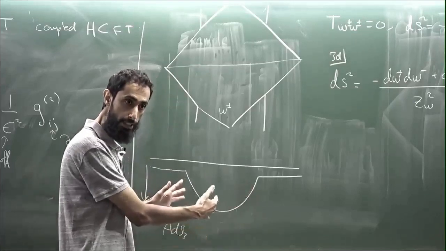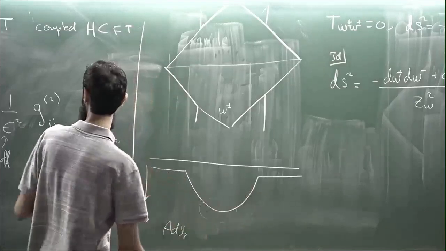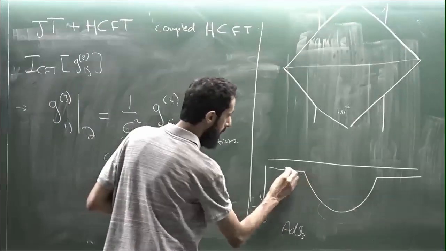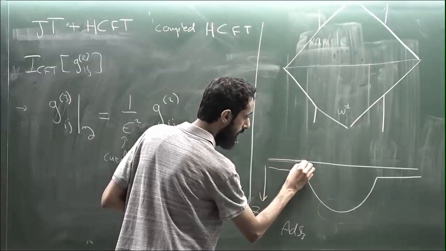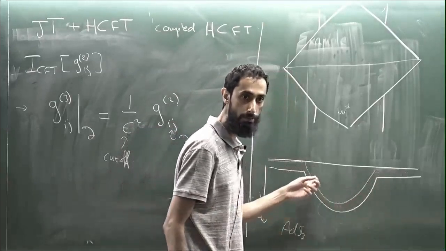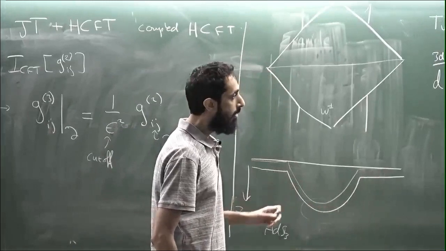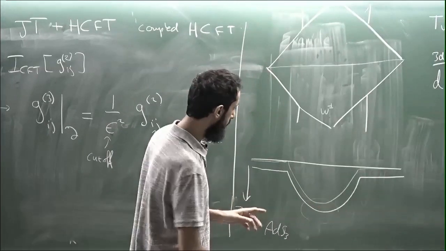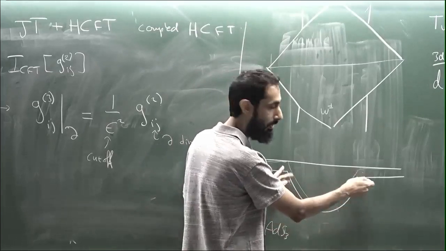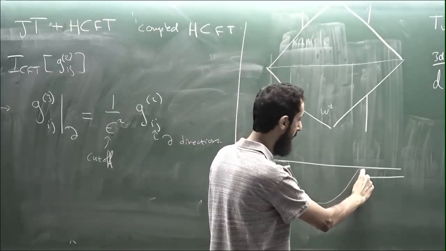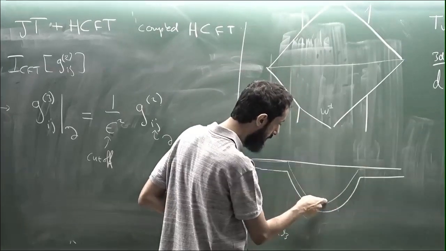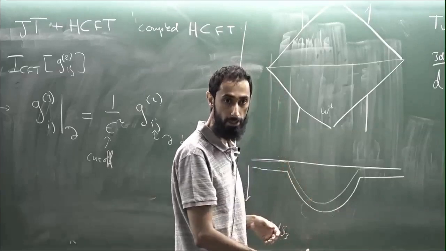That's manifested in this diagram by the fact that even after I take epsilon to 0, this thing approaches something like this, but there's still a region that's extended into the bulk. The way that happens is because this thing is asymptotically ADS2. There's an infinite amount of space here, and that's why you can push it all the way near the boundary, but you still have a segment which really dangles into the bulk.